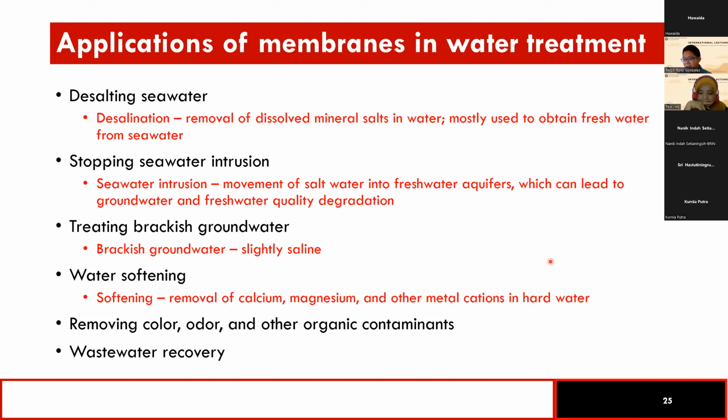Scaling happens because of the reaction of soap and the metal cations in hard water. When we remove these cations in the water, this is the process known as water softening, and this will lessen the occurrence of water scaling.